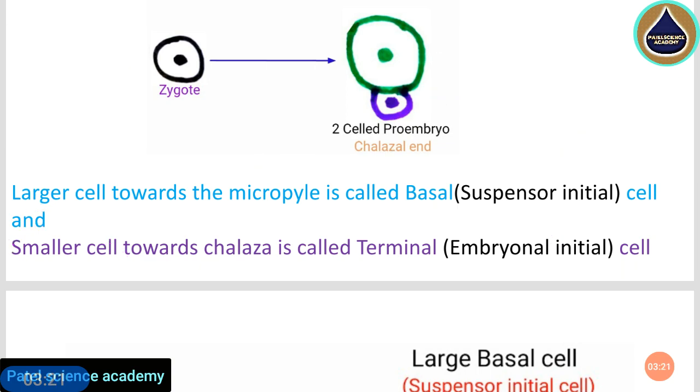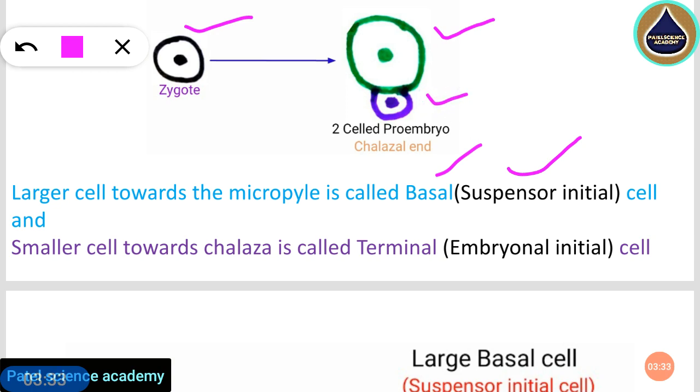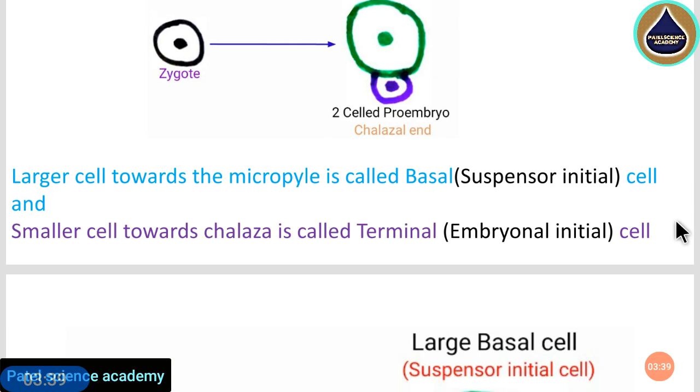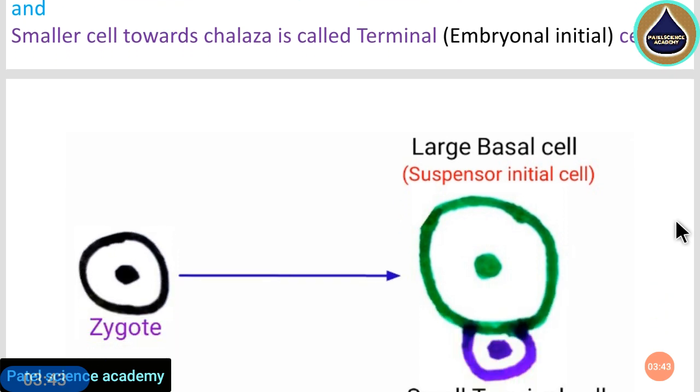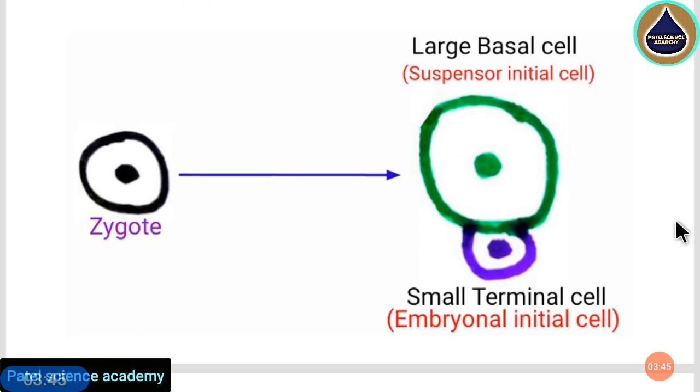So till now, two types of cells from the zygote have been produced. One larger cell known as the suspensor initial or basal cell, and one smaller cell called the terminal cell or the embryonal cell towards the chalaza region. So till now, the zygote is converted into a pro-embryo, and this pro-embryo has these two structures.